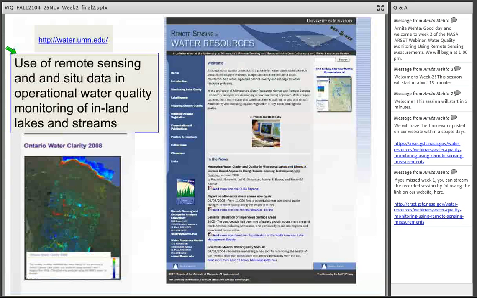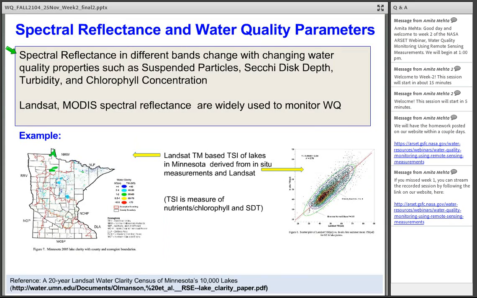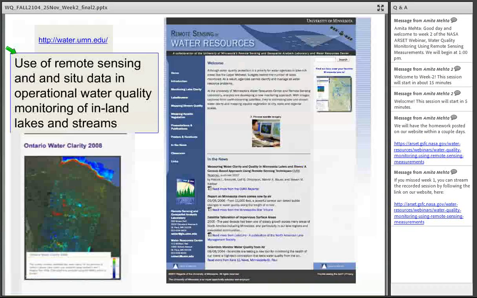To continue, this study can be found on this site. This is the University of Minnesota, and they have a water resources center where information is given on how satellite radiances or spectral reflectances are used in combination with in situ data to get water quality parameters.